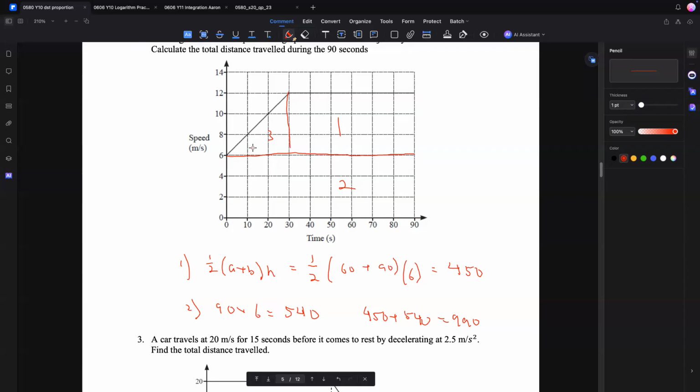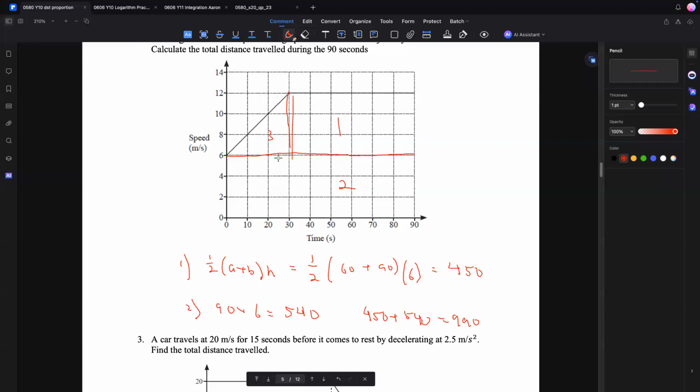If you want to do the triangle one, you will have to do 1/2 times base times height. What is your base and height? 30 and? 12 minus 6 is? So it's 30 times 6 times 1/2.